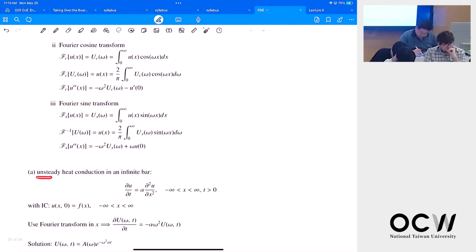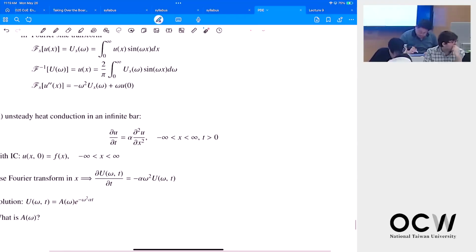Now, first, for the unsteady heat conduction in an infinite bar, that means that I don't have boundary conditions. I only have initial conditions here. So let's take the Fourier transform on both sides. So the left-hand side here.